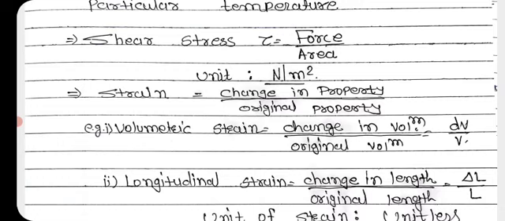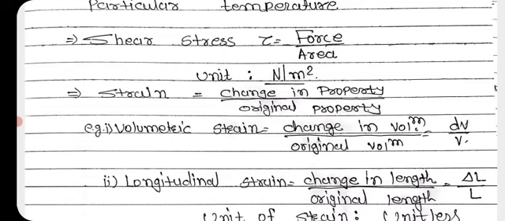If it is lateral strain, then the property is width or breadth. If it is volumetric strain, then the property is volume. So according to this, we can write the strain. For example, volumetric strain is change in volume divided by original volume.